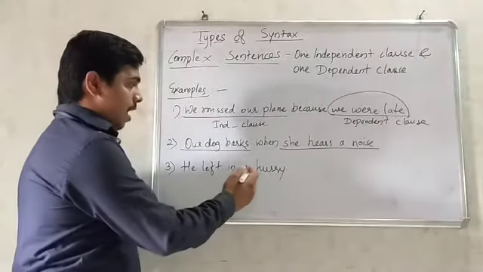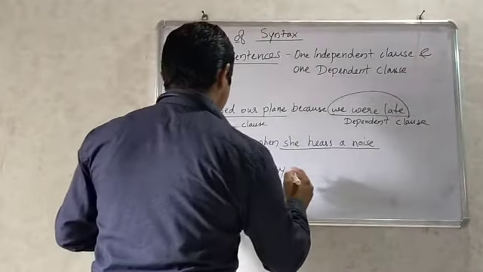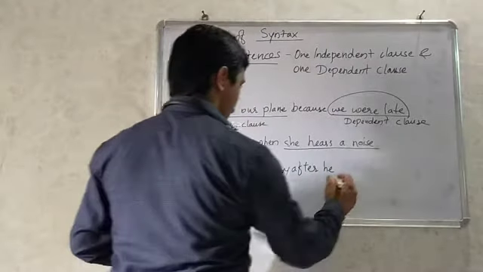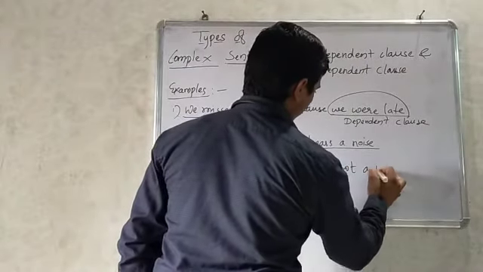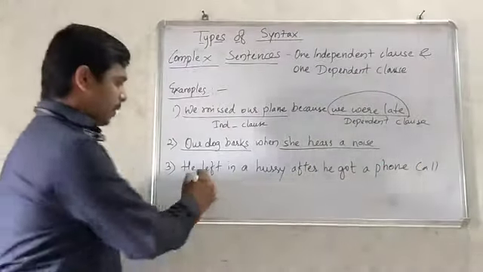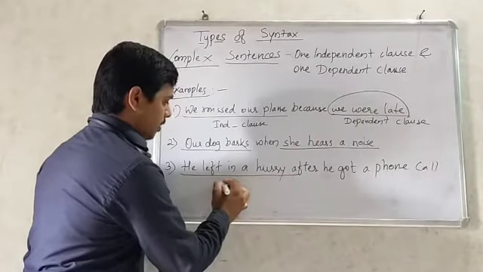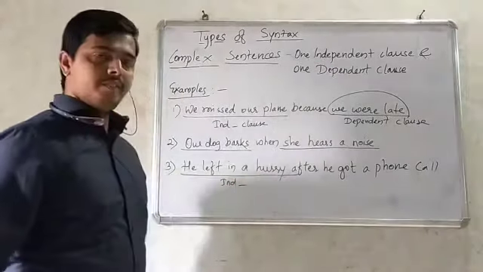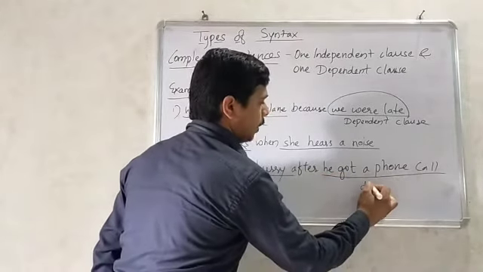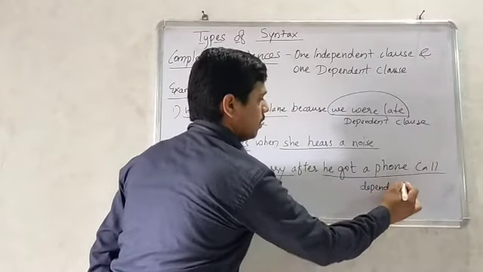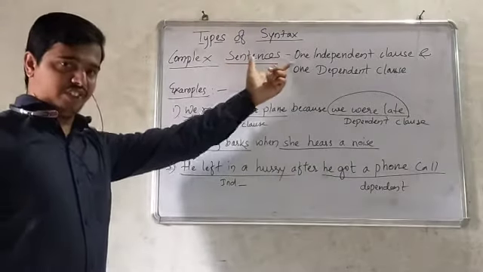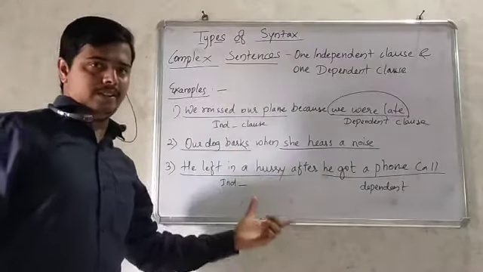Another example: He left in a hurry after he got a phone call. Here, he left in a hurry is the independent clause. He got a phone call is the dependent clause. So this is the complex sentence structure and its examples.